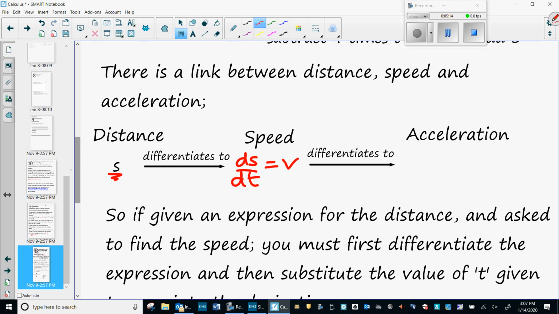Now, that velocity would differentiate to give an expression for acceleration. We haven't talked about second derivatives, so I'm not going to confuse the matter. So dv/dt would be equal to a.